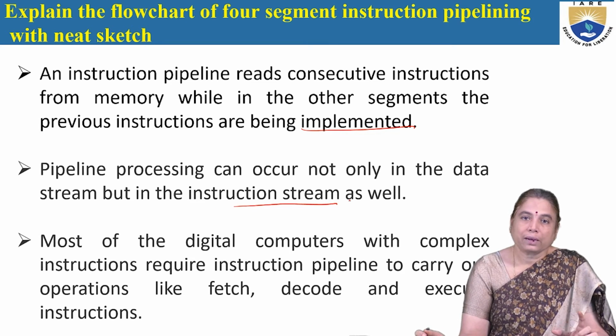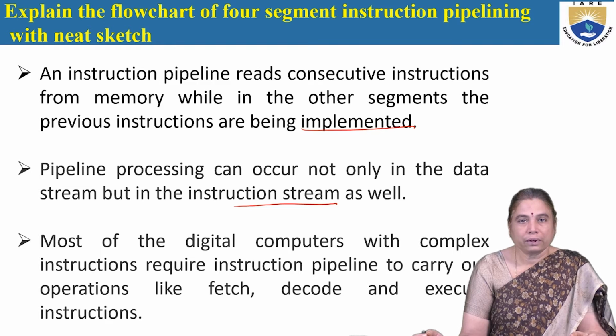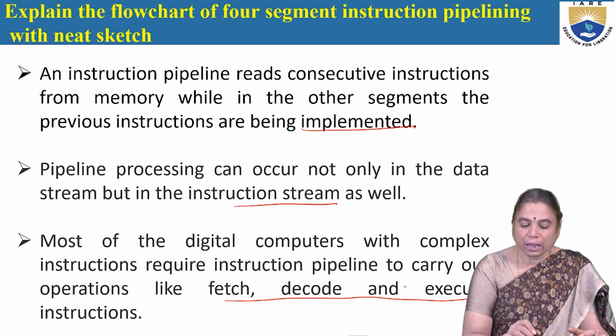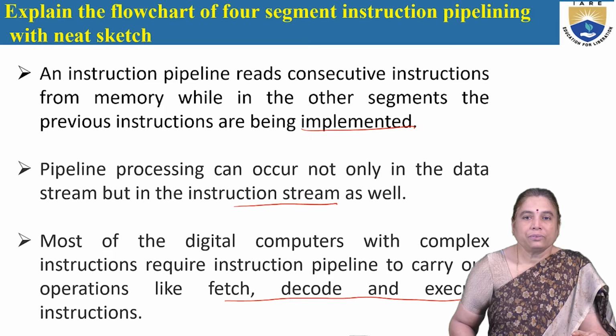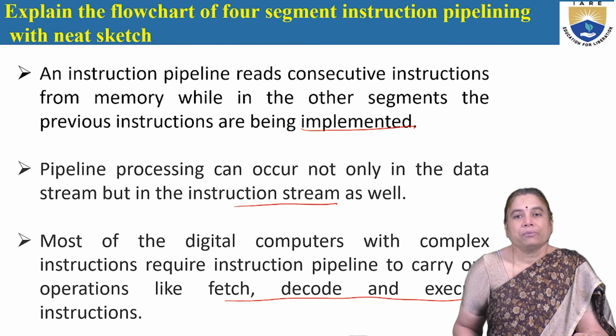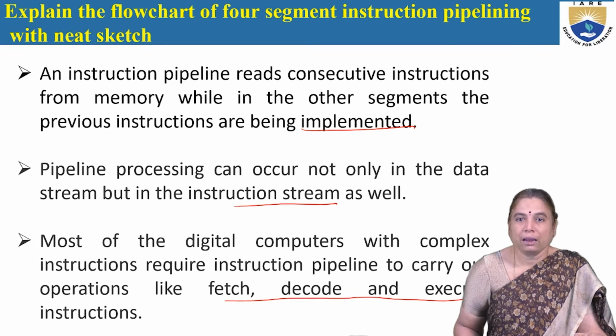One of the major characteristics of a multiprocessor computer is that it must support MIMD architecture, that is, multiple instruction streams and multiple data streams. Most digital computers with complex instructions require an instruction pipeline to carry out operations like fetch, decode, and execute the instructions.